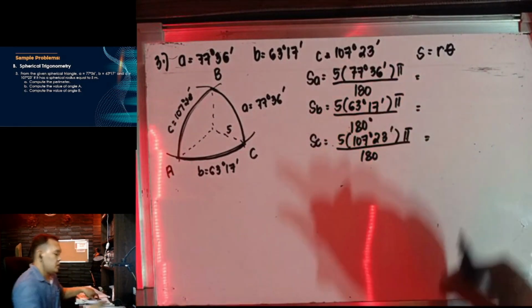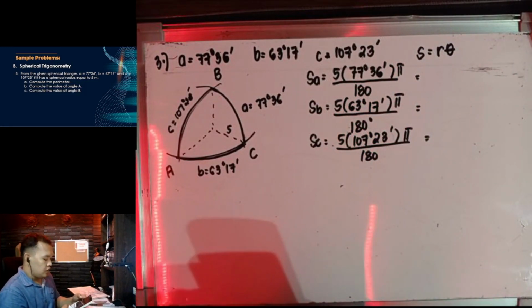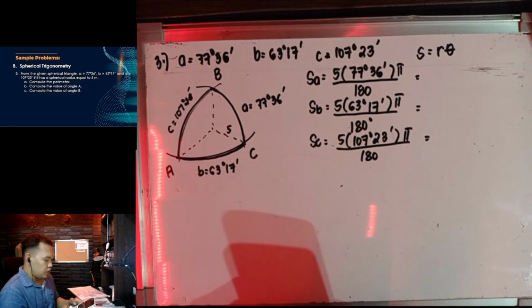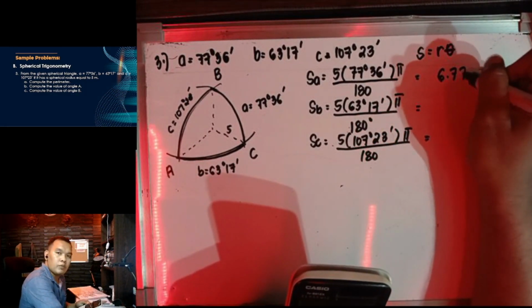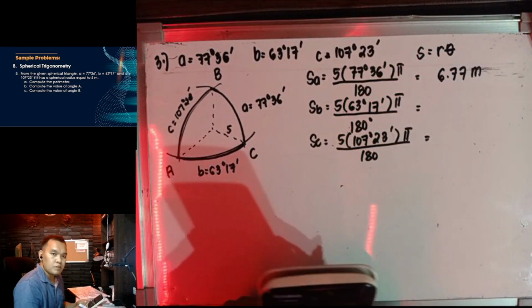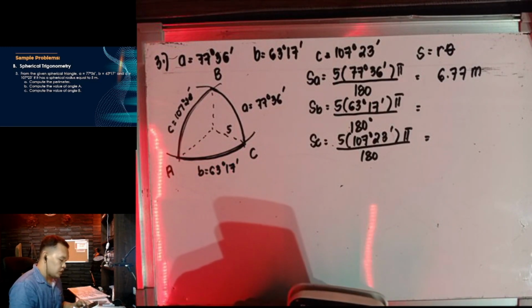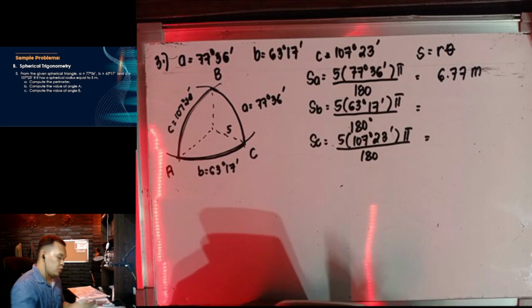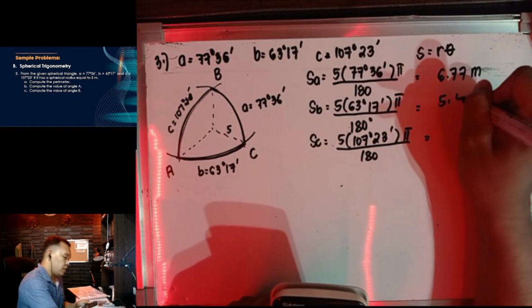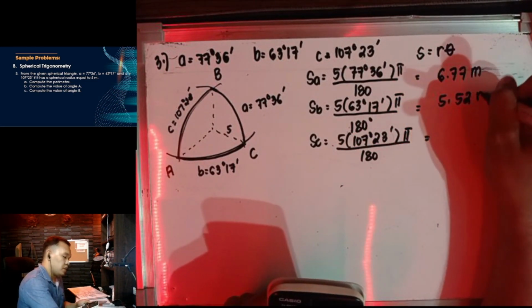Then, let's calculate. So we have here 5 pi times 77 degrees and 36 minutes all over 180. So, the value here is 6.77 meters. Then for side B, we have here 5 pi times 63 degrees and 17 minutes. So, we have here 5.52 meters.